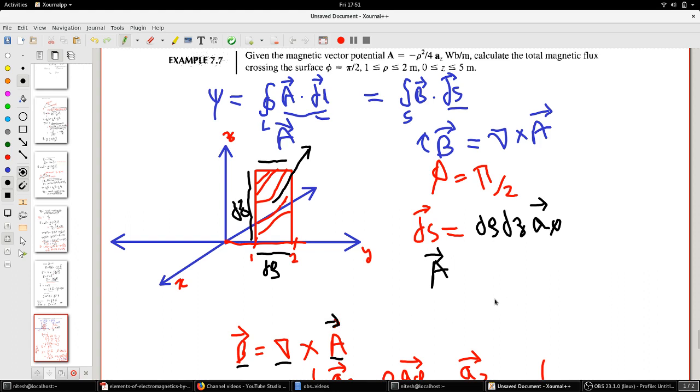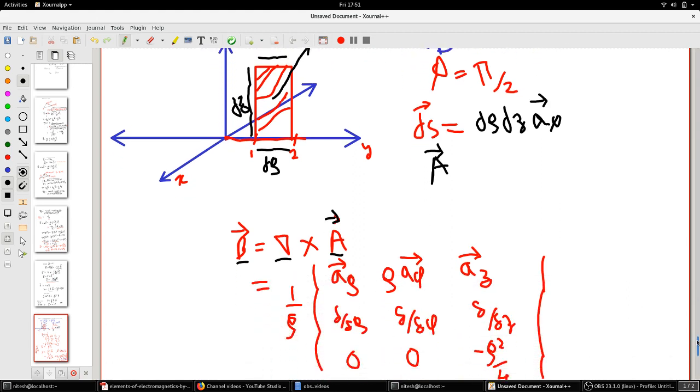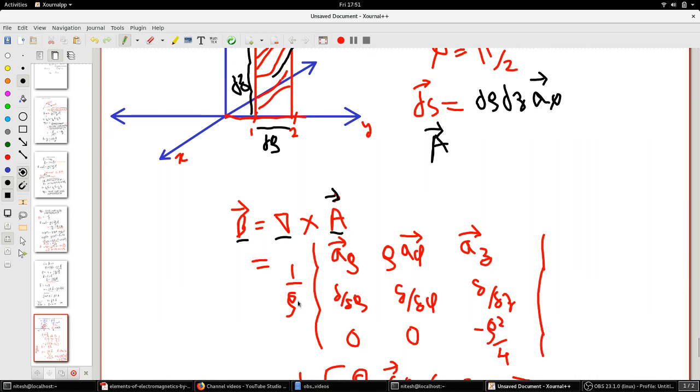Since I am using a cylindrical coordinate system, I will have del cross A as 1 upon rho times the determinant with a rho, rho a phi, az, del by del rho, del by del phi, del by del z, and 0, 0, minus rho square by 4, since A is minus rho square upon 4 az. So the az coefficient is minus rho square by 4.